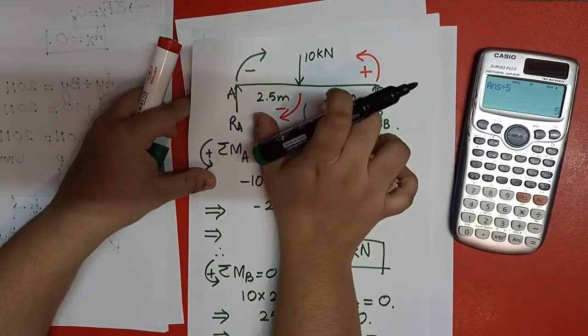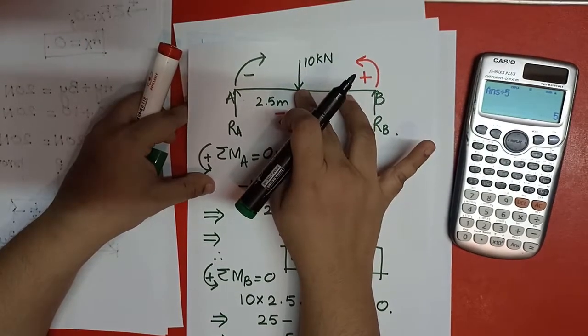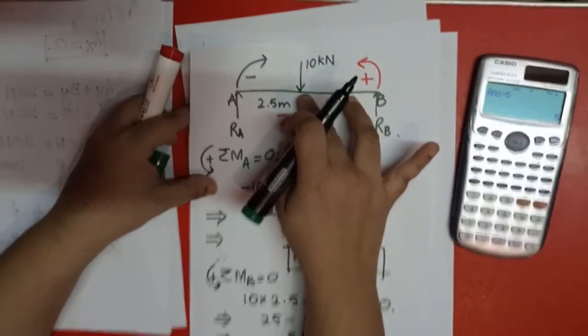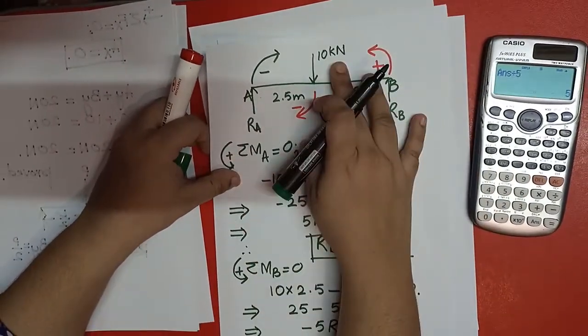You can easily see that if the distances are the same and the force is acting exactly at the center of the beam, the support reactions should be half of that force.